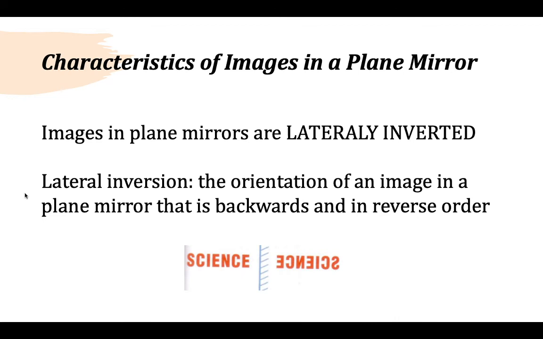So lateral inversion just means that the orientation of an image in a plane mirror is backwards and in reverse order. So if I hold up the word science in front of a plane mirror, I'm going to be seeing in the mirror the words reversed, right? That's because there is a lateral inversion when it comes to plane mirrors.